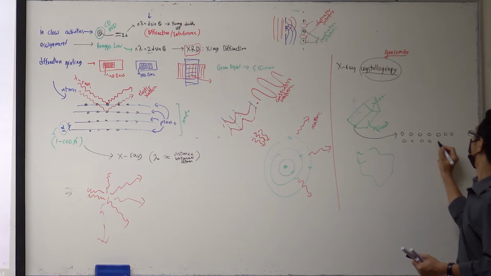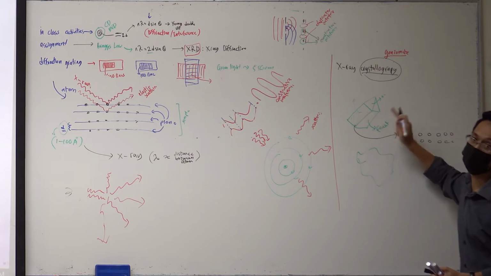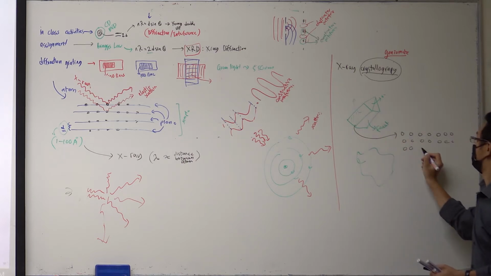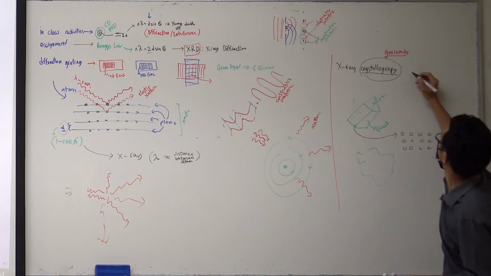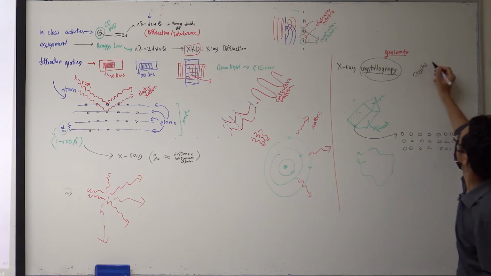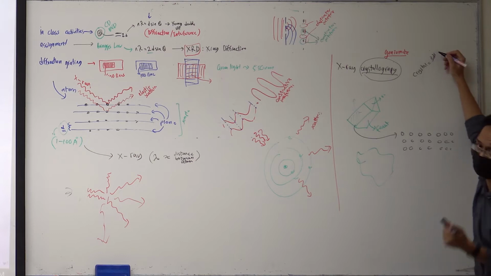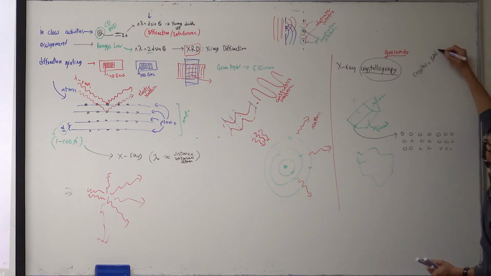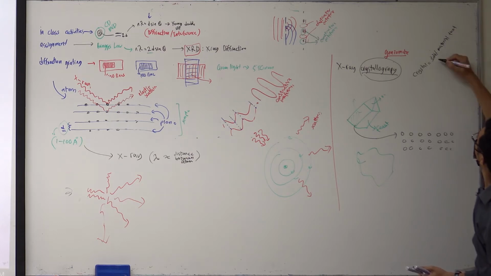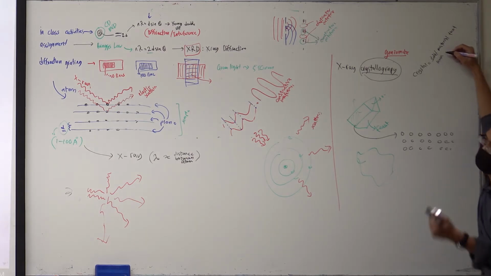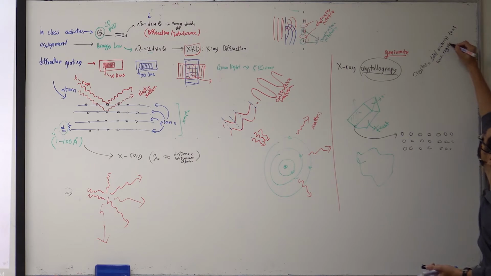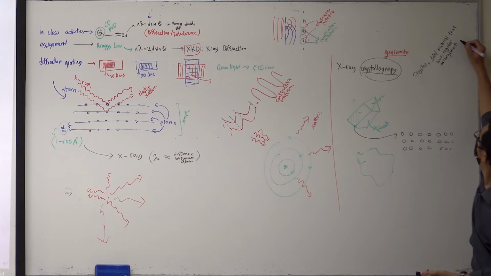Only then can you get a smooth edge. So the term crystal itself, what does it mean? It is basically a solid material that has a regular arrangement of atoms.